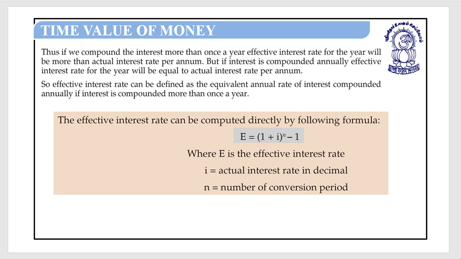Thus, if we compound the interest more than once a year, effective interest rate for the year will be more than the actual interest rate per annum. But if interest is compounded annually, effective interest rate for the year will be equal to actual interest rate per annum.